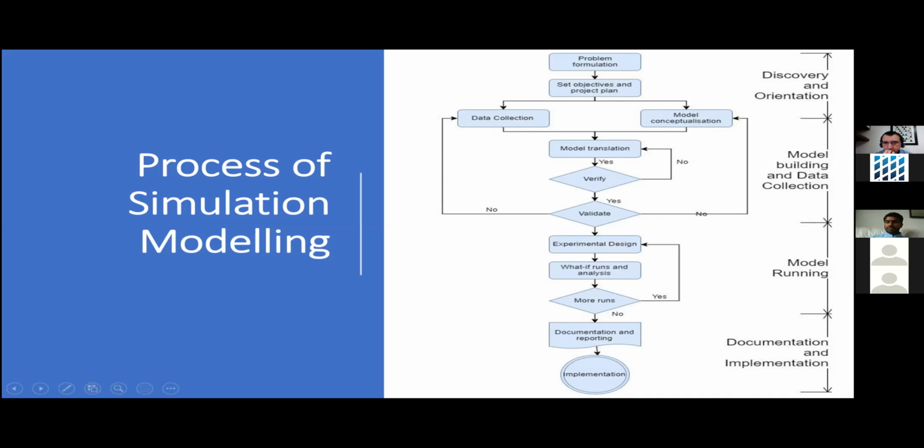Now that stage is model building and data collection. Here we start converting this conceptual model into the actual model. And the first step there is collecting the right amount of data, the right sort of data. Collecting data is quite a challenging part, and there can be many unforeseen encounters in acquiring the right amount of data.